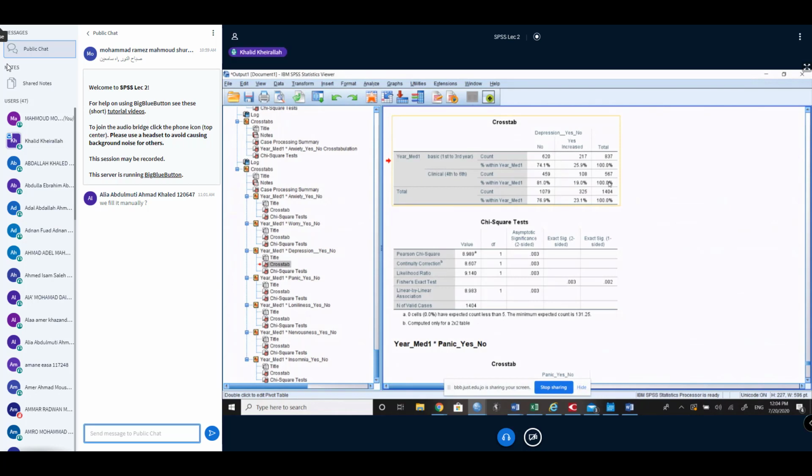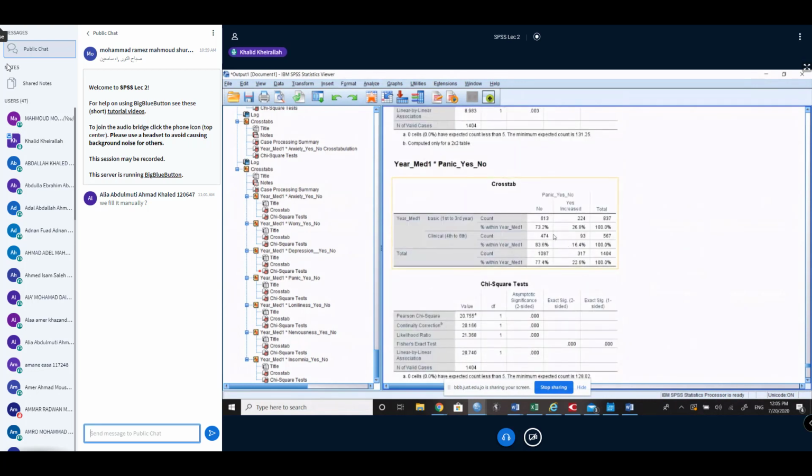Those with basic medical education will have more depression compared to those of the clinical years. This is the chi-square 8.9. I don't care for the value of the chi-square. I want the value of the p-value, the probability of chance.